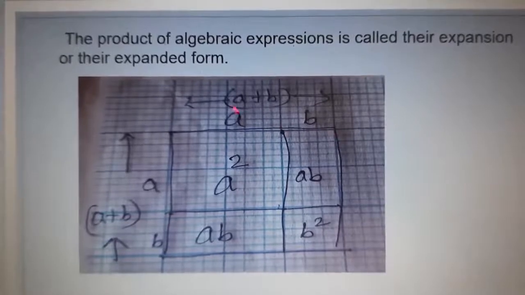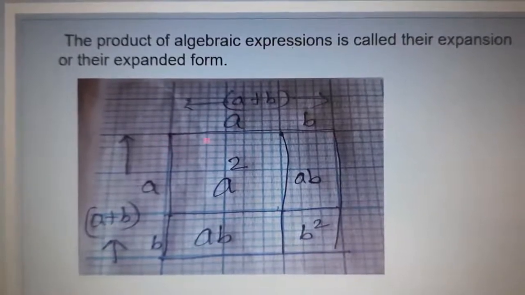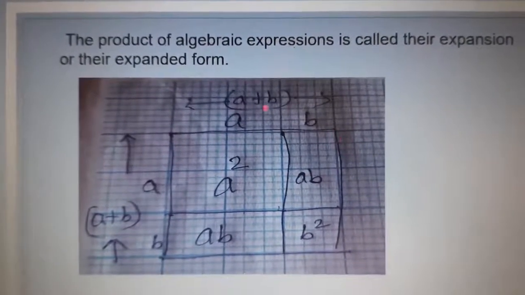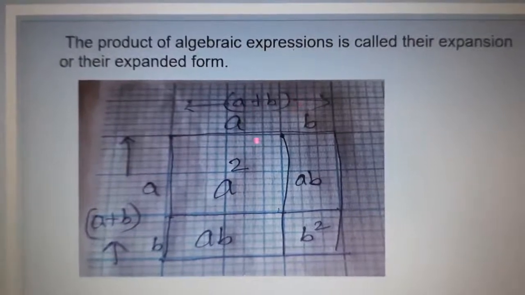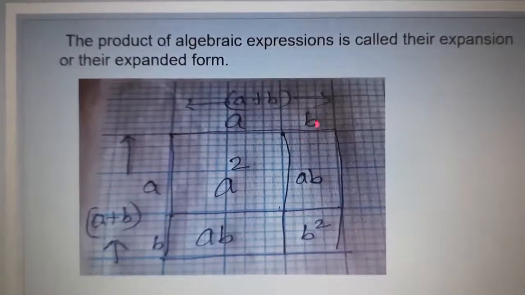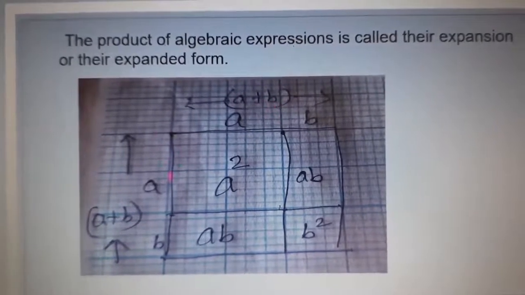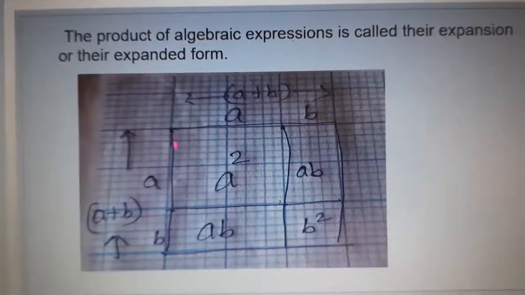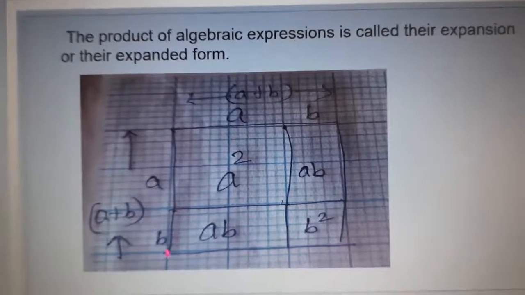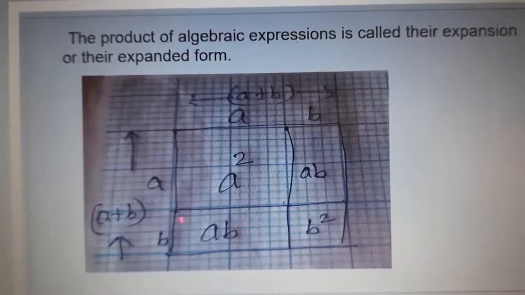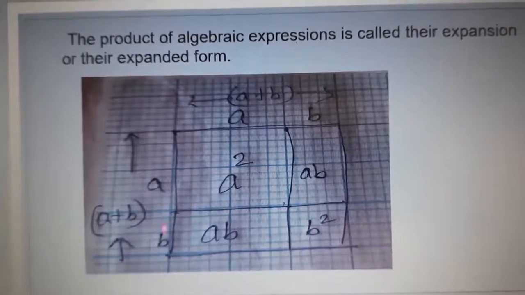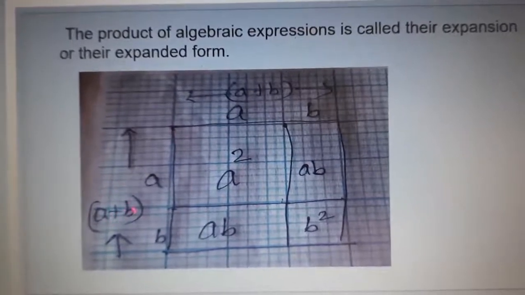So on top, if I want to know the complete length of this side, I have to do a plus b. Correct? If a is 5 and this is 3, then a plus b is equal to 8. Simple. This side also the same thing. This long part is a and this small part is b. If I want to know the whole side, then I have to do a plus b.